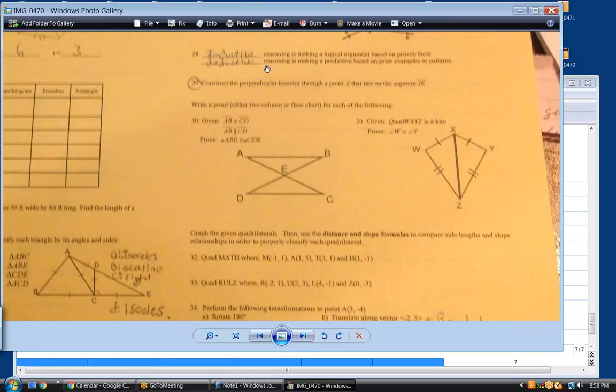Appreciate it. Sure. Inductive reasoning is making a logical argument based on proven facts. Deductive reasoning is making a prediction based on prior examples or patterns. Think you may have those reversed. Not positive, but I'm pretty positive that deductive reasoning is when you base an argument based on facts. You deduce something. No, I'm pretty sure you got them backwards. Do you know?